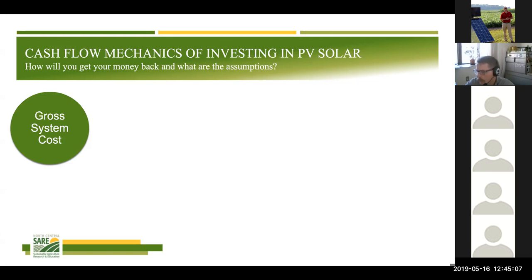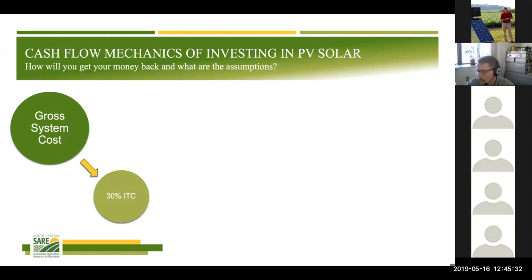The benefit of solar, as we've mentioned, is that the operations and maintenance costs are fairly minimal, and the fuel source is free. But the downfall is it's upfront money, and it's real money. So we need to ask ourselves, if we write the check for the gross system cost, the total cost of that system, and put it on the table here, how are we going to recover that money?